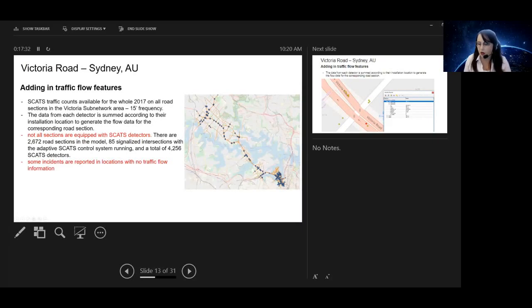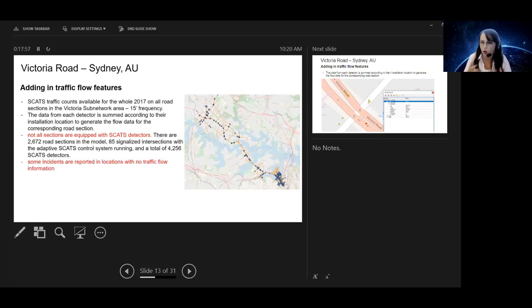As you can see, there are major roads that are being monitored, but unfortunately, there are sections like this area over here, for example, which have no traffic flow information. So if you have accidents that happen here, we don't have information with regards to the traffic flow at that moment in time, at least not from TMC.